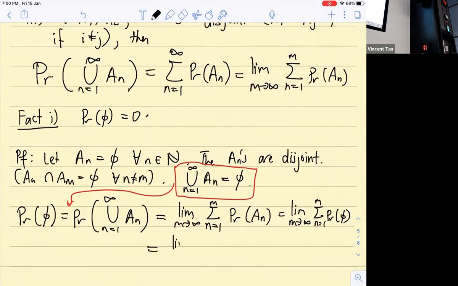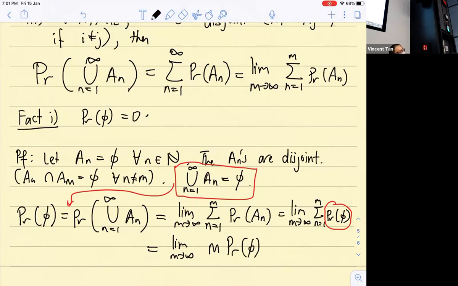But now we have limit m going to infinity of, now all these guys here are the same. They don't depend on the index n. So all the probability of phi, they don't depend on the index n. So this is equivalent to m times, sorry, wrong color, m times probability of phi, right?